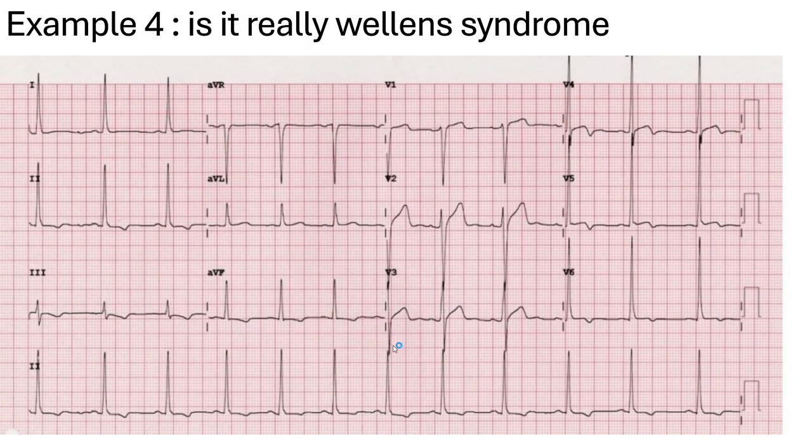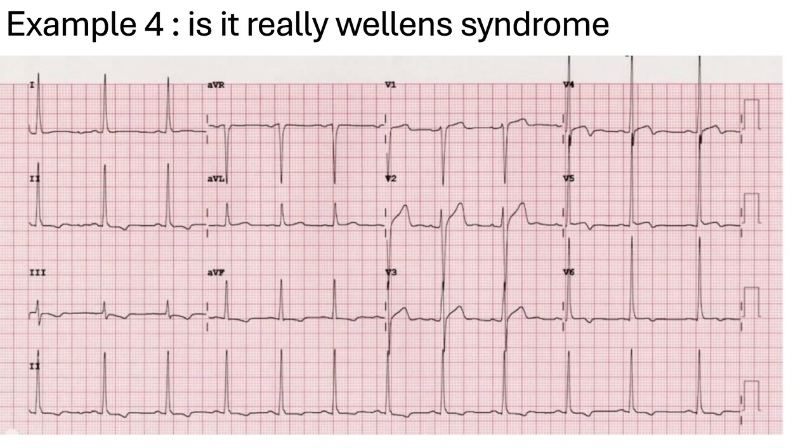Let's have a look at another ECG. Here also we have prominent T waves. As I mentioned before, it can be a pseudo-normalization of the Wellens syndrome, but actually it's not due to Wellens. As you can notice here, we have criteria of left ventricular hypertrophy.